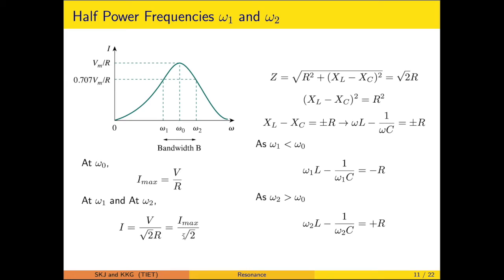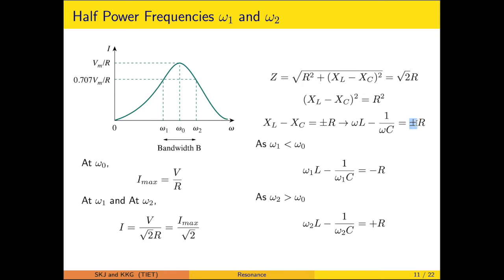So when the current is coming out to be 1 upon root 2 times the maximum current, that suggests that the impedance has to be root 2 times the impedance at the resonance. At the resonance the impedance value was R. So we can rearrange the term: omega L minus 1 upon omega C is equal to plus minus R.